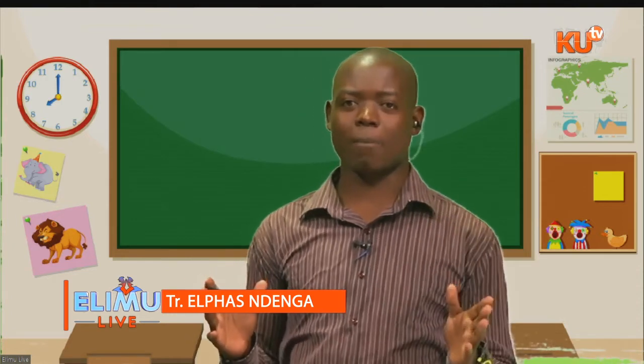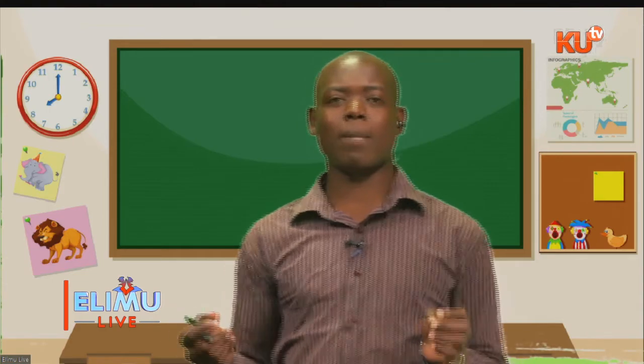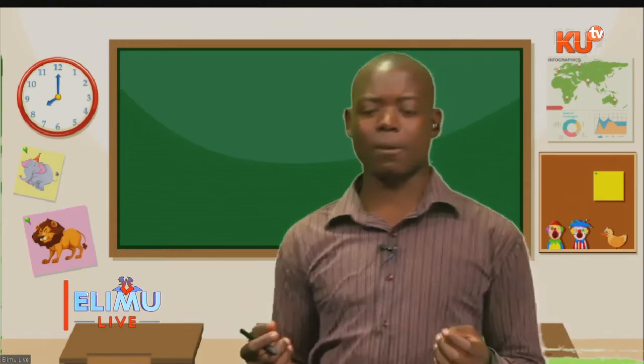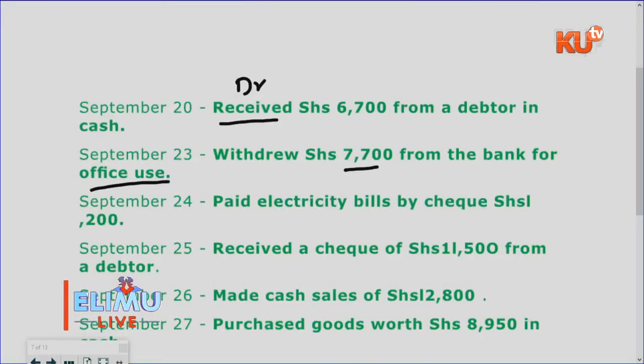So that is called a contra entry because it's affecting both cash and bank. In this case, the bank is losing and cash is receiving. So what you do is we debit the cash account and credit the bank account because we will see as if bank is making payments and cash is receiving. So we'll simply credit the bank account and debit a cash account.